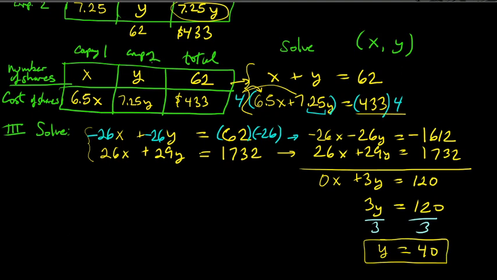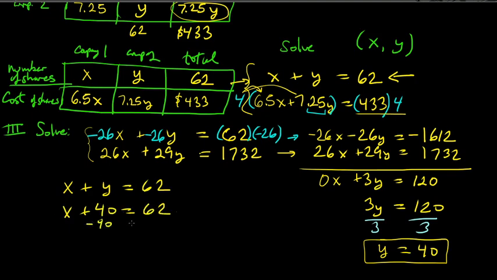Now that we have y, we can find x. So you can use either one of these equations. I'm looking at the first one as probably easier here. If x plus y is equal to 62, and now we know y is 40, we can solve for x.